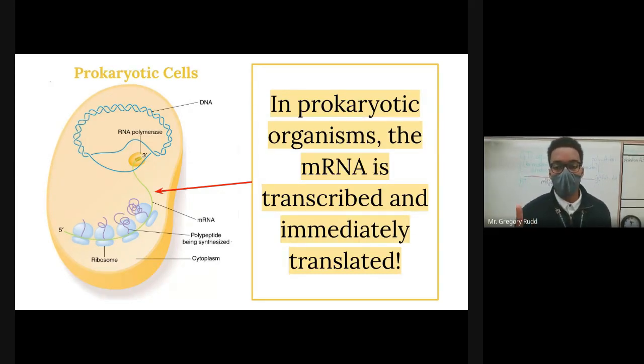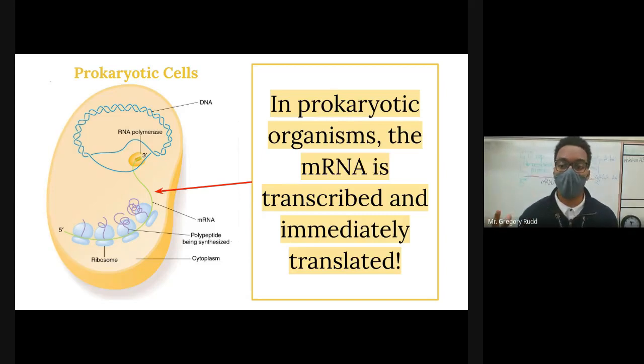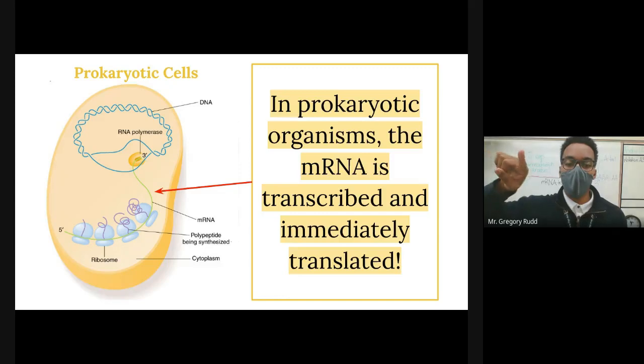All right, I'm going to ask you a question now. This is a good question because it gets you thinking in the way that the AP test asks you to think. In this image, we can see that there are 4 ribosomes. Do you see that? There are 4 ribosomes lined up right next to one another, and the mRNA is moving through all 4 of them at the same time.